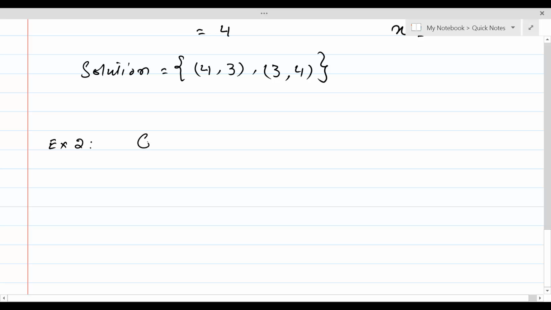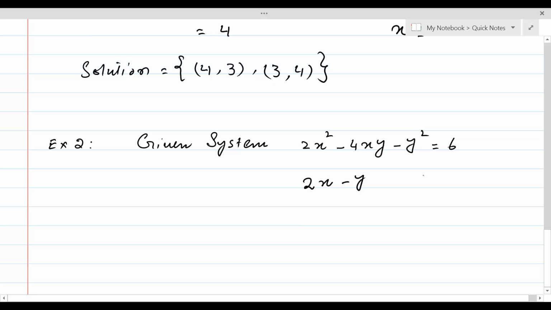Given system is, this time, 2x square minus 4xy minus y square equal to 6, and the straight line associated with this is 2x minus y equal to 4.